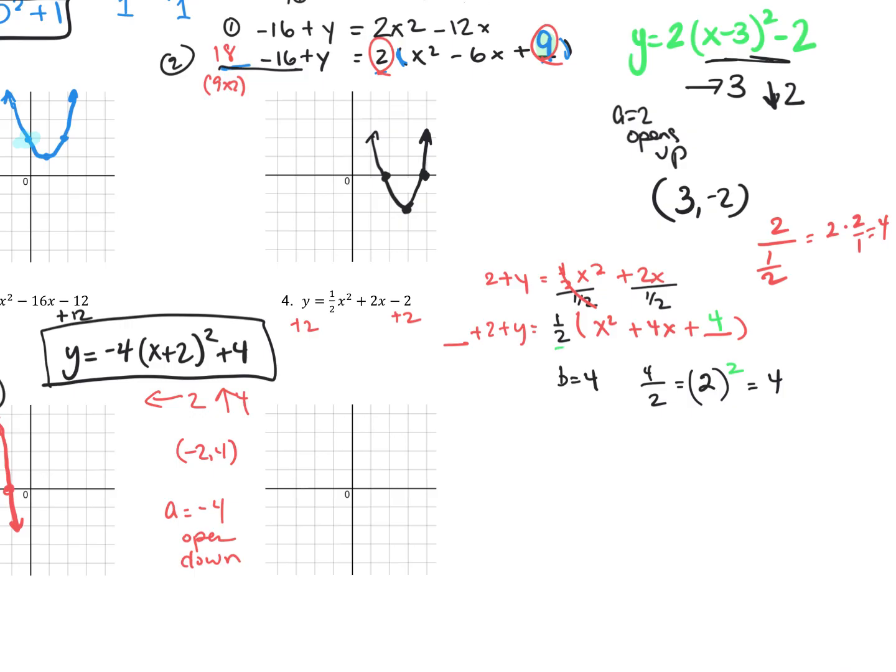Again, if I distribute the half into the parentheses to get rid of the parentheses, 1/2 times 4 gives me 2. So I'm only adding 2 over here. So I'm going to bring it down here. So I get 4, just cleaning things up.